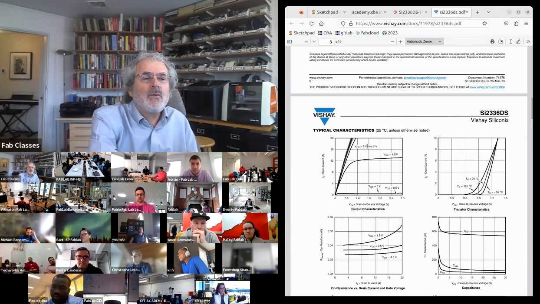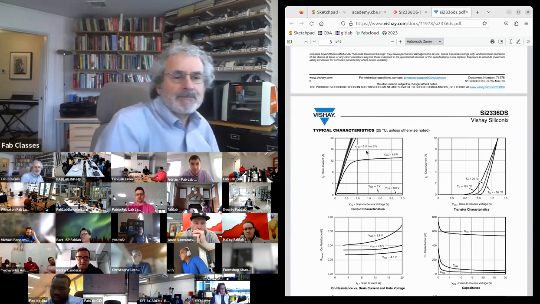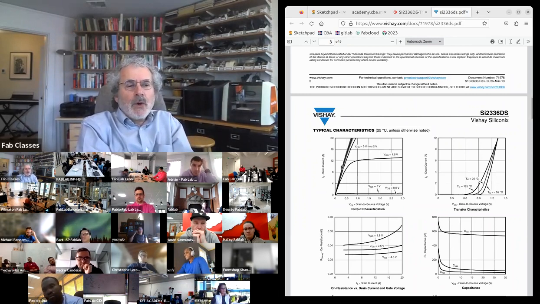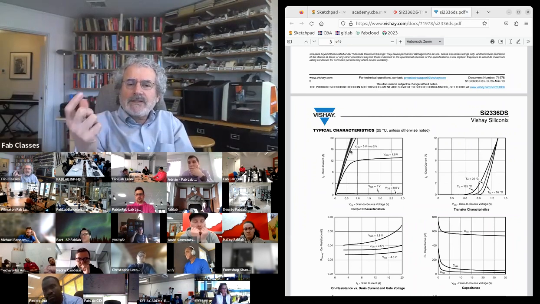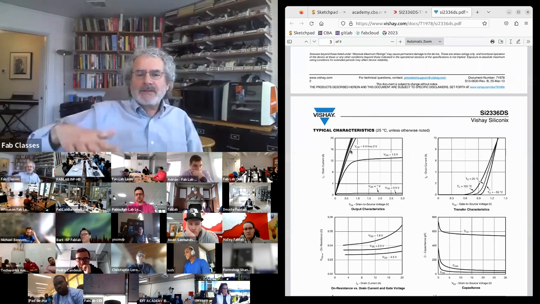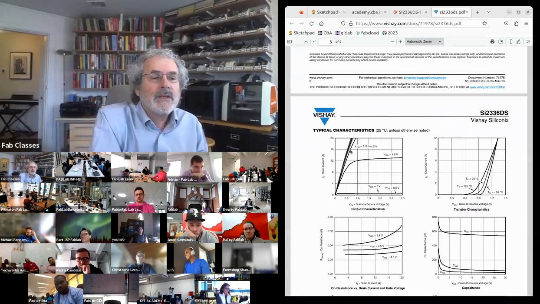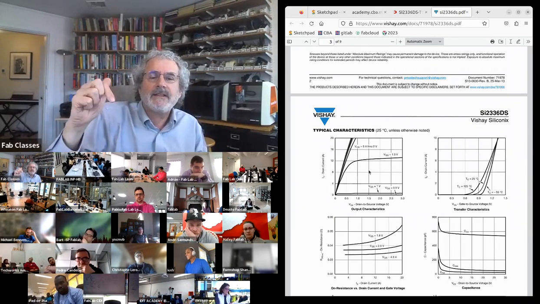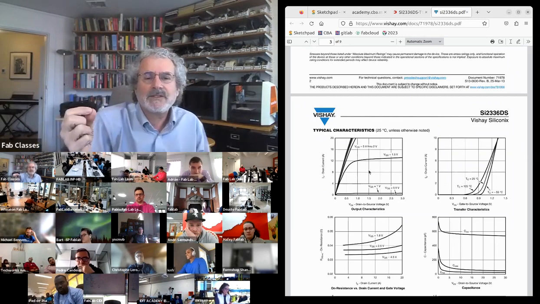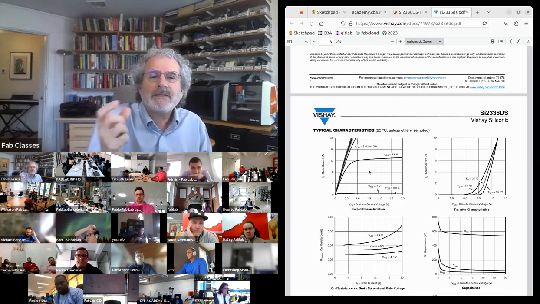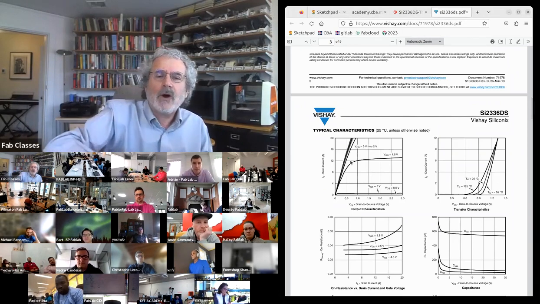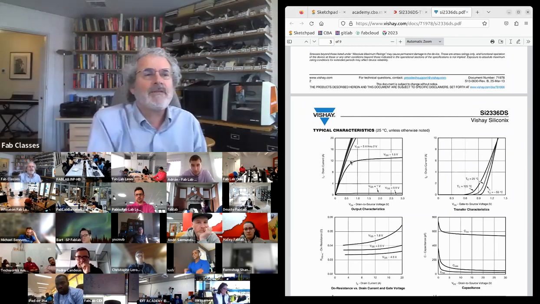And you see, once we get up to a gate voltage of a few volts, these all overlap. The slope of this curve is the resistance. And because power is I squared R, we want the resistance to be low. So if you use the transistor, we could vary the current by varying the voltage and varying the resistance, but we would be dissipating power. Instead, what we do is we make the transistor all the way off or all the way on, and we vary the fraction.